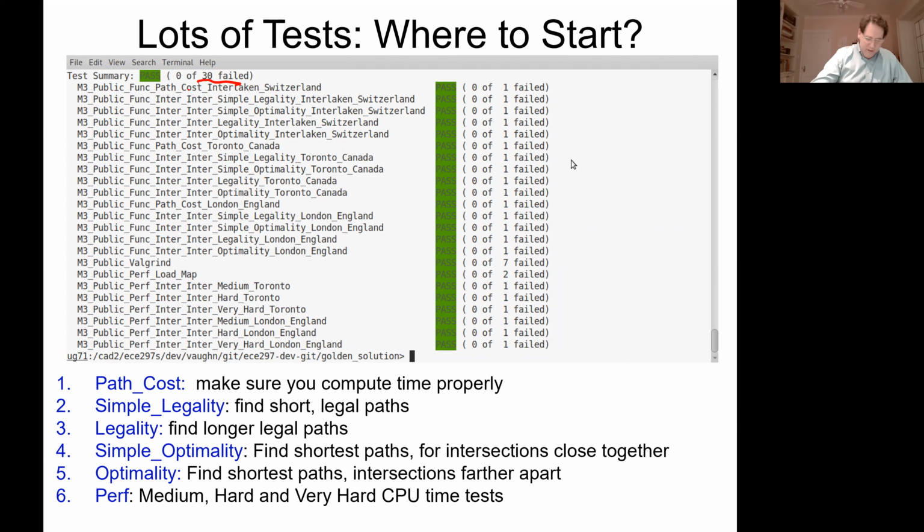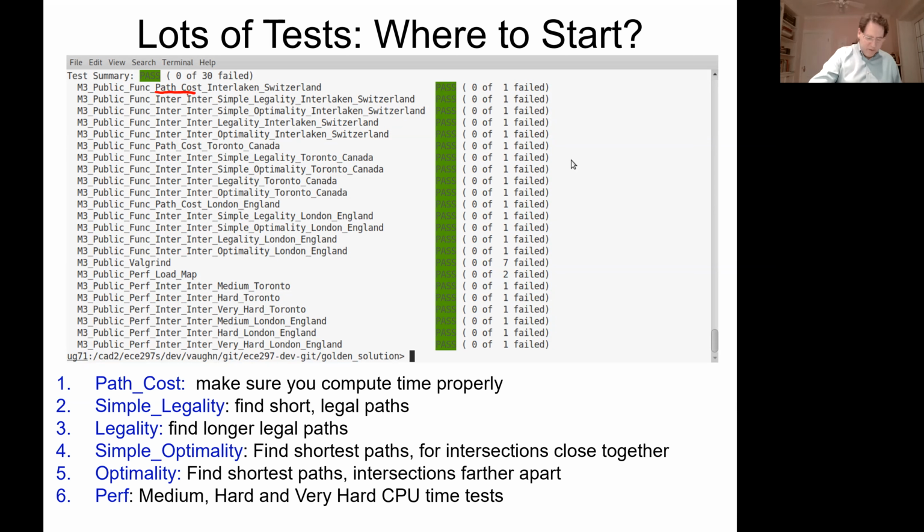You can see that we're testing on multiple maps: Interlaken, Toronto, London. These tests follow the same style, but we're testing on multiple cities to make sure you're robust across cities. Each of them follows the same kind of grouping.